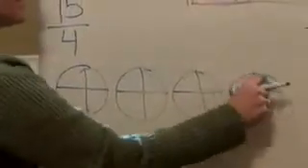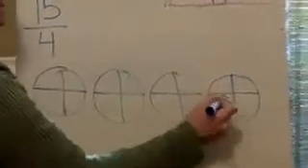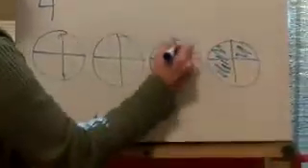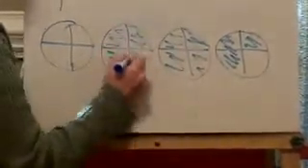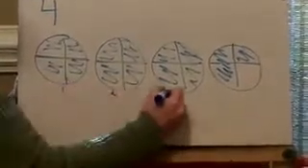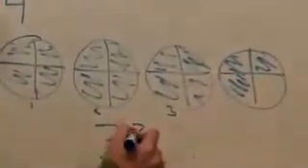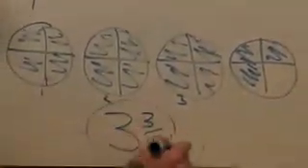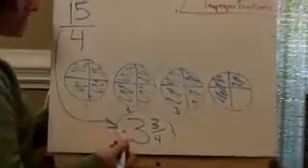Oh, I need some more. 13, 14, 15. So to color in 15 fourths, I had to draw 4 of these circles. And you'll see my new answer will be 1, 2, 3 wholes and 1, 2, 3 fourths. That's how you change this improper fraction to a proper fraction or a mixed number.